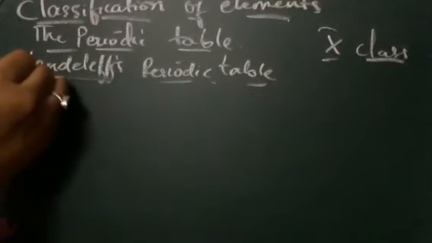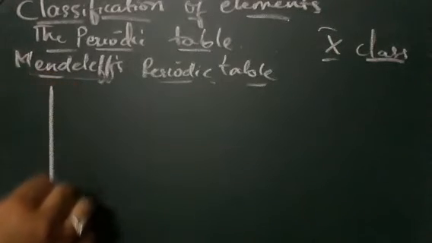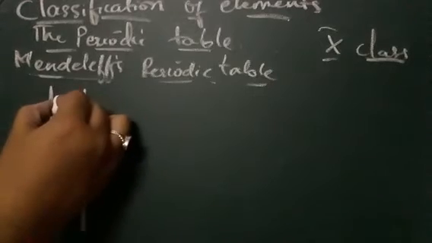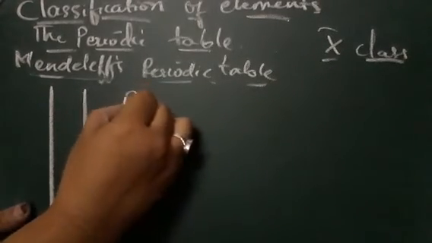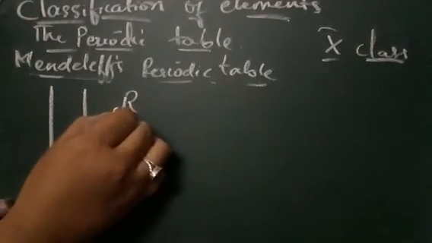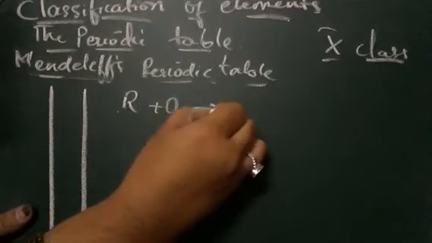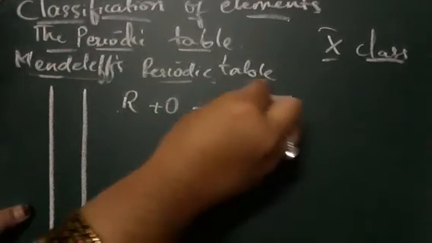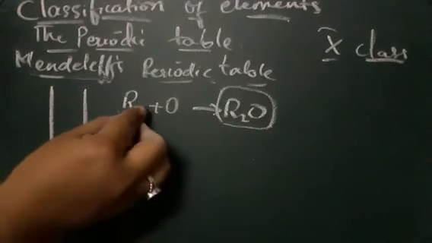For example, take any group, and call the element R. If R reacts with oxygen, it will give R2O. This is the chemical formula which is formed.